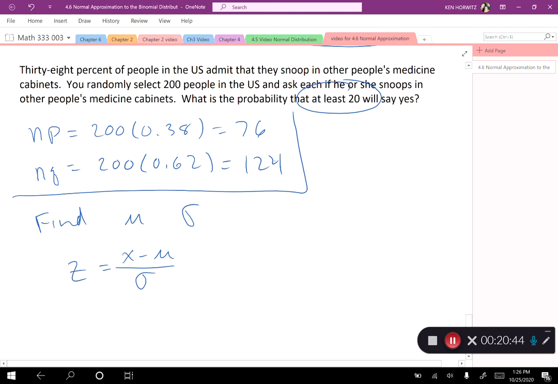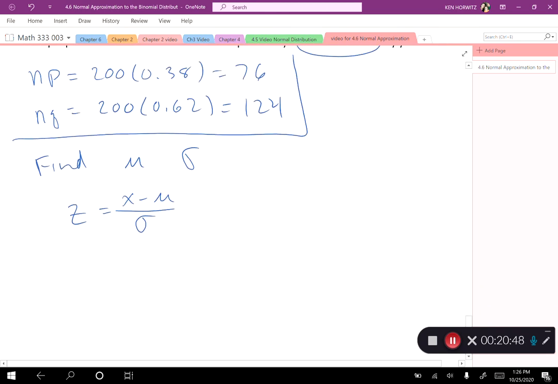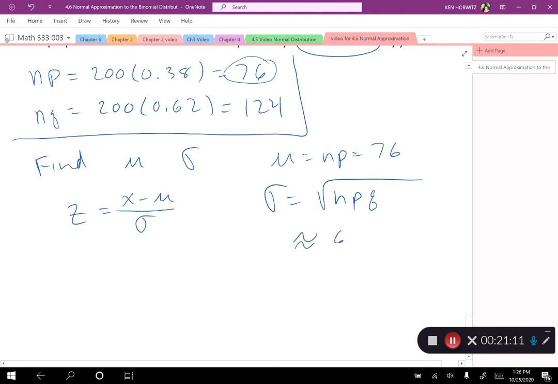All right, so hopefully you noticed that we already found mu, because our mu equals n times p, which we found up here to be 76. And our standard deviation is the square root of n times p times q, which I got to equal about 6.86.